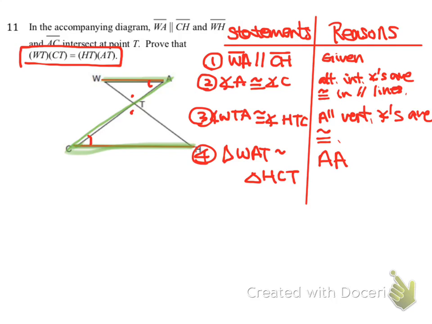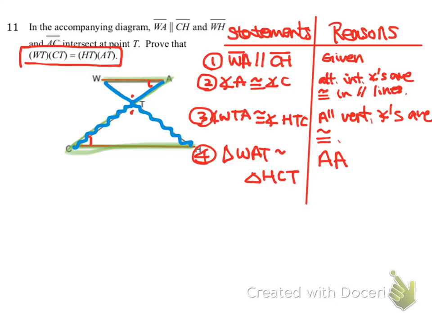We want to see how these line segments came about. WT is right here, and then CT is this one, and then HT is this one, and then AT would have been right over here. Meaning we are looking at corresponding sides of the two similar triangles.